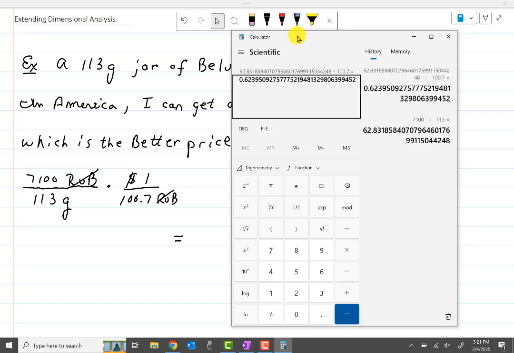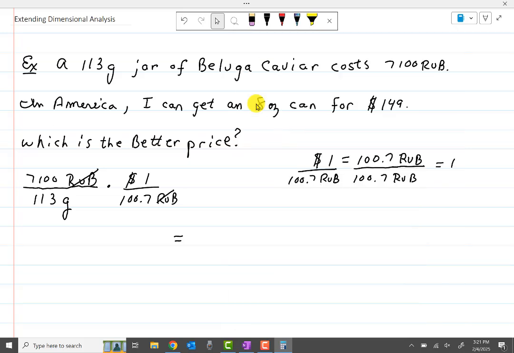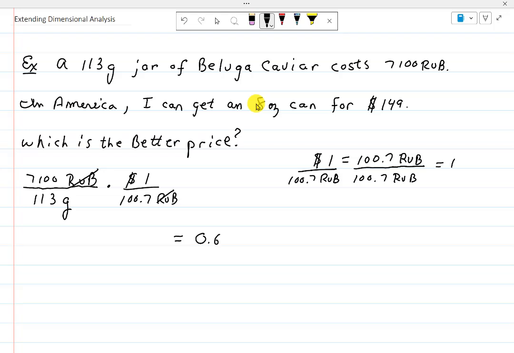And it looks like I'm going to get 0.62395. I'll use several decimal places here because at the end I want to be able to report this. So this is in terms of dollars up here, but then we have per gram.